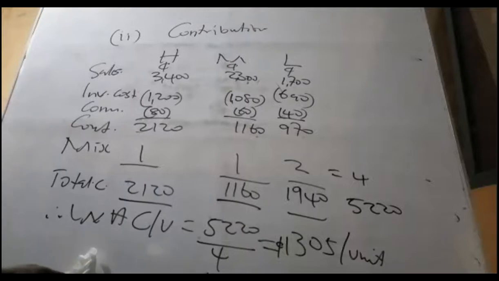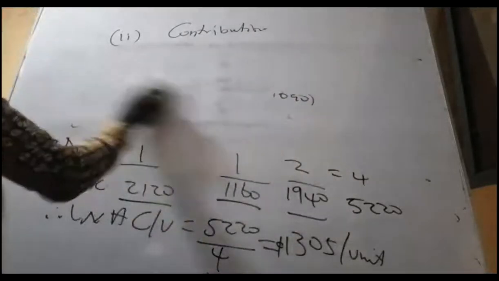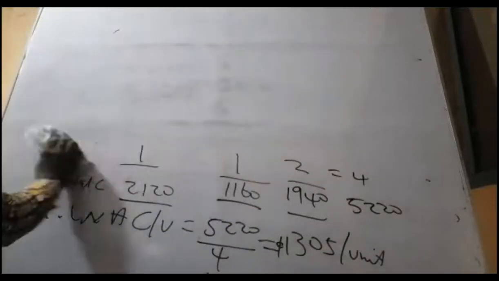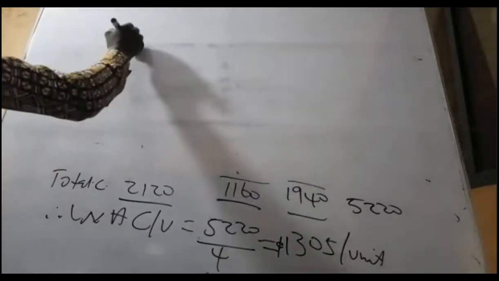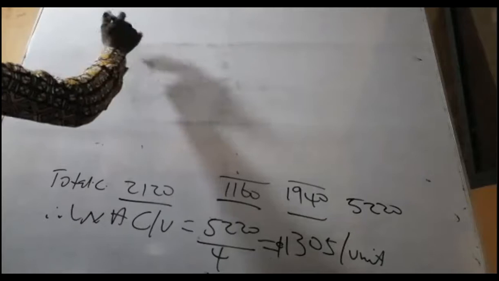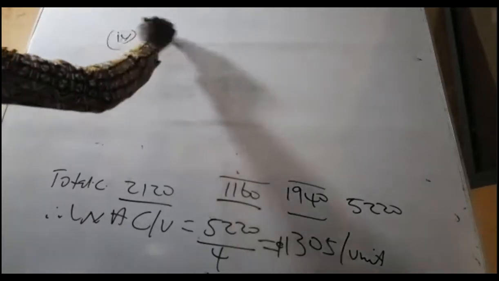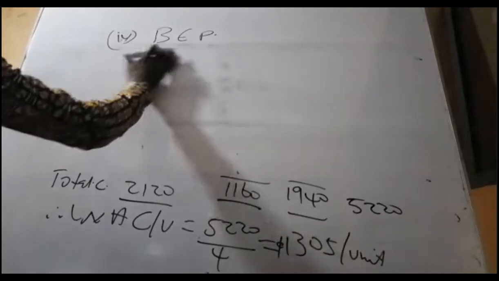So let's continue the game. Kindly demarcate it very well. So that's the IV. Break-even point in units, they say volume. So you have to use volume.